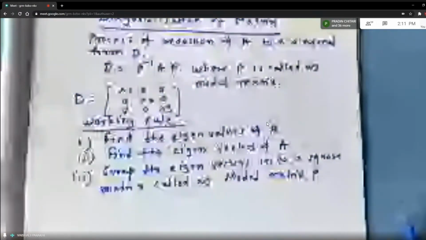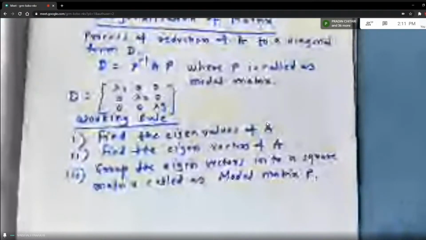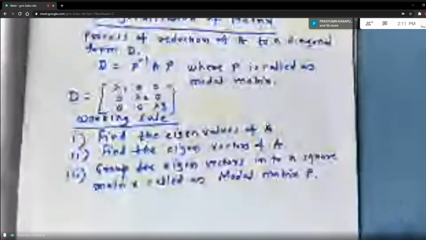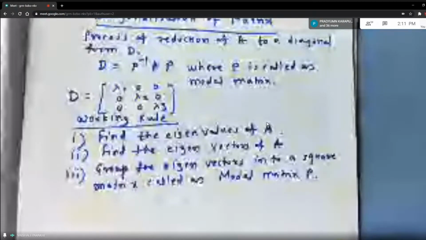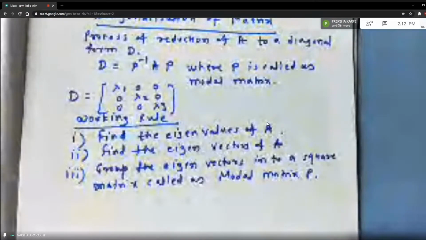We denote it by P. I repeat, group the eigenvectors into a square matrix called modal matrix P.